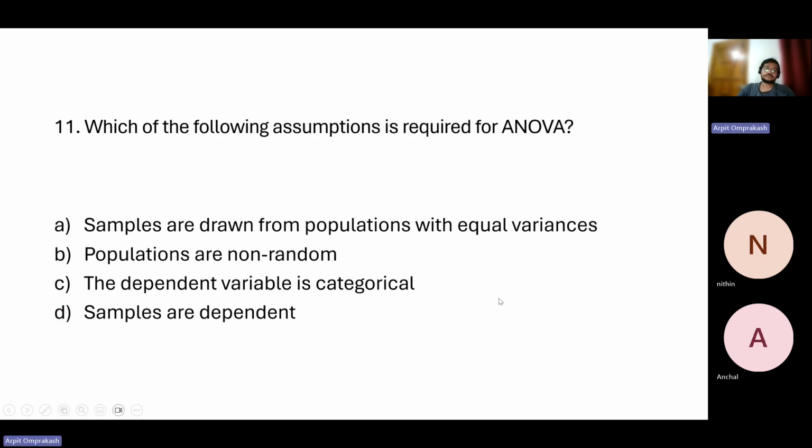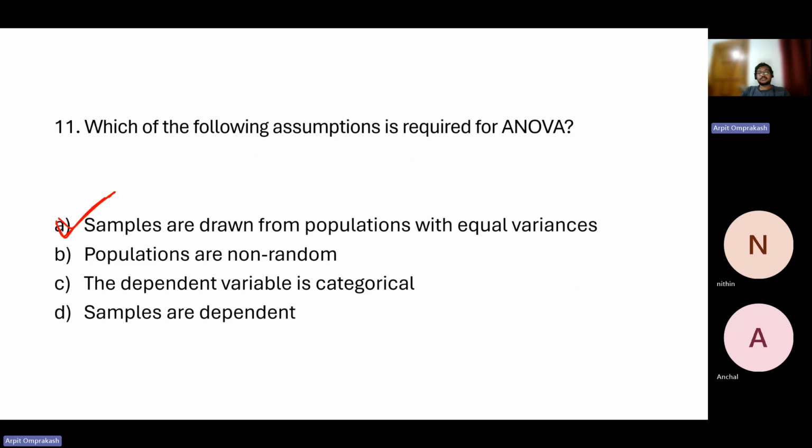Question 11. Which of the following assumptions is required for ANOVA? Option A, samples are drawn from populations with equal variances. B, populations are non-random. C, the dependent variable is categorical. Or D, the samples are random. The correct answer here will be option A, because in ANOVA, we are assuming that whatever samples we are getting from whatever populations, all of them have equal variances, and that variance is equal to sigma square.